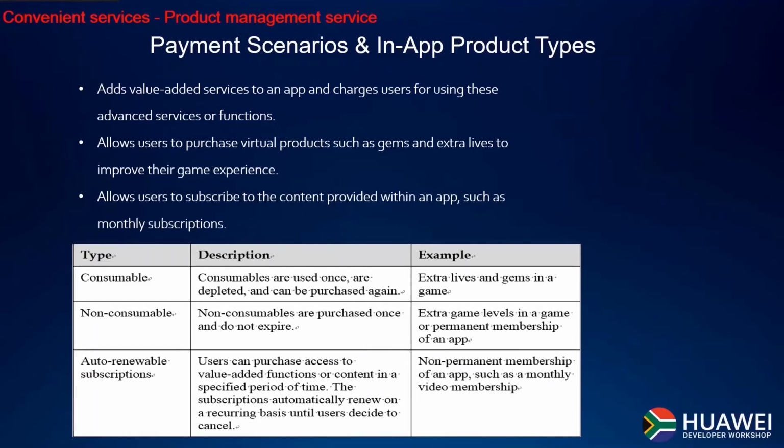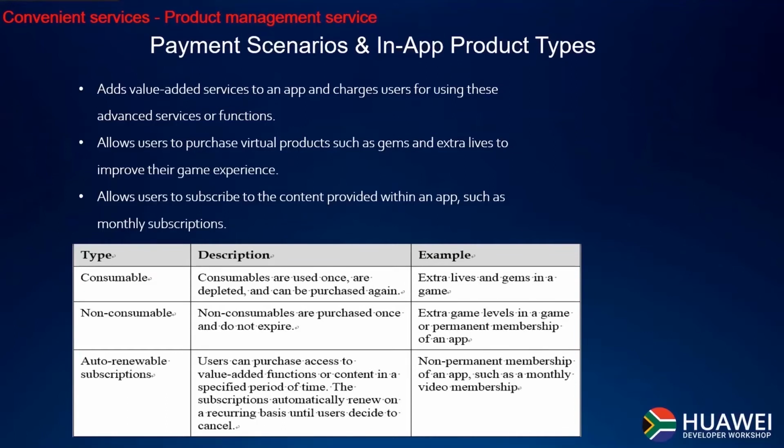Yeah, so looking at payment scenarios and the product types that you can have. We have three types of product types that we offer on the platform. You first have consumables, and you have non-consumables, and also renewable subscriptions.